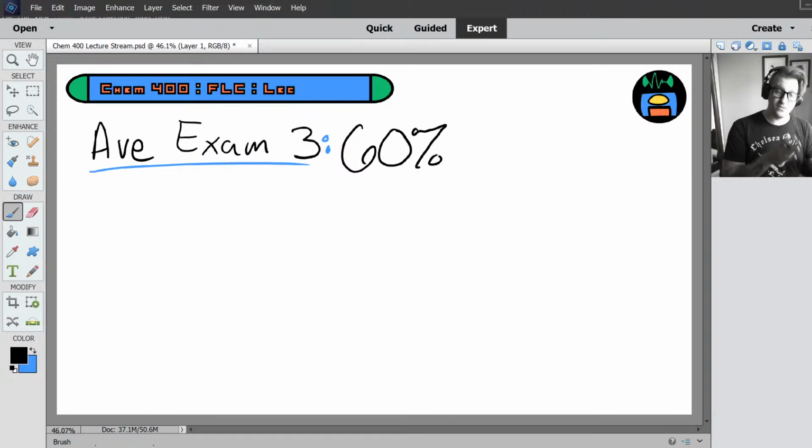So in addition to the material being challenging in and of itself, this is your first moment where general chemistry kind of distinguishes itself from your introductory course, and so it tends to be an exam where a lot of students struggle more so than the others. So again, 60% is a low average, but it's not abnormally low.